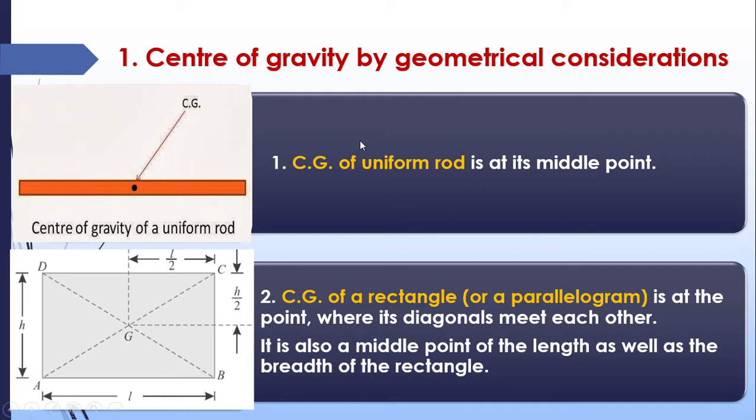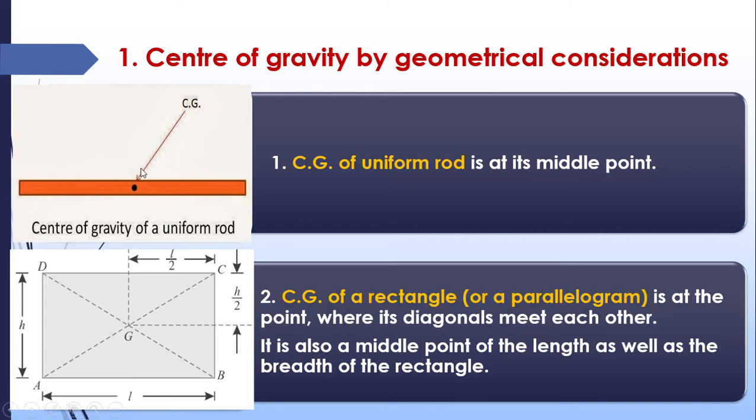The first one is a uniform rod. Where will the center of gravity of that rod exist? Here you can see this is the rod, and its center of gravity will exist at the exact middle point of the rod. If this rod is 10 centimeter, then the center of gravity will be at 5 centimeter. So the weight will be acting at the center.